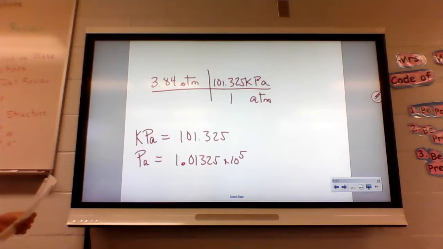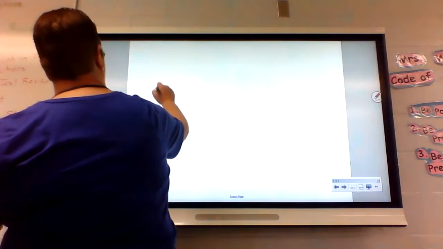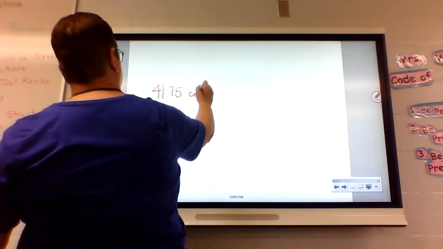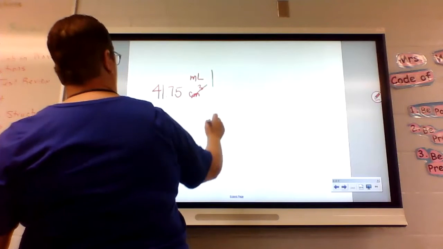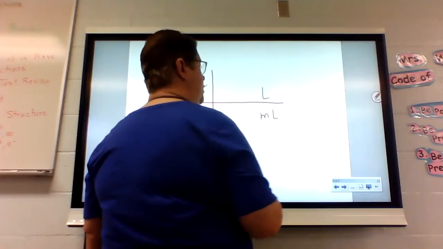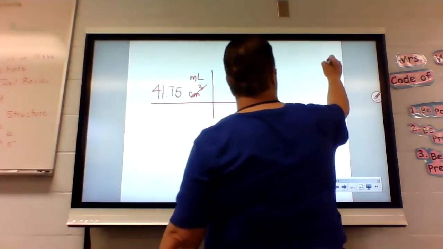Number 4. All right, 41.75. What do we know about centimeters cubed? It's the same as milliliters, and we want to go to liters. So milliliters to liters. Who's bigger, a liter or a milliliter? A liter. So we put 1 beside that.